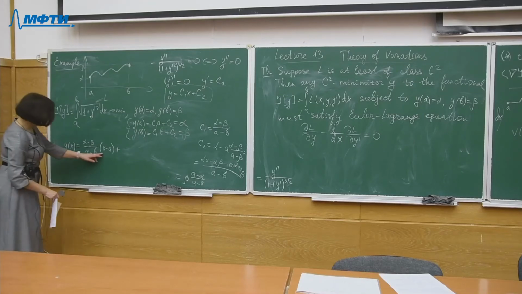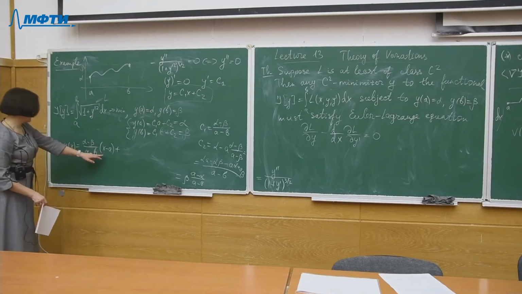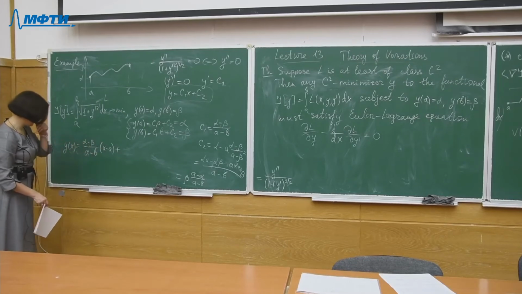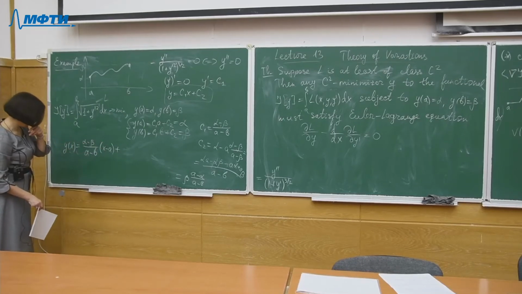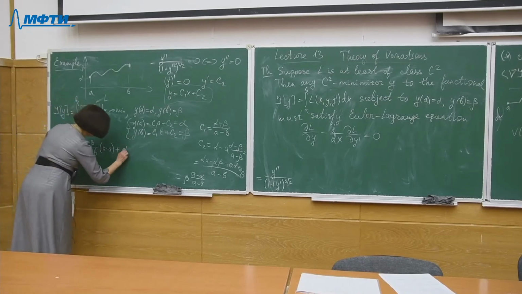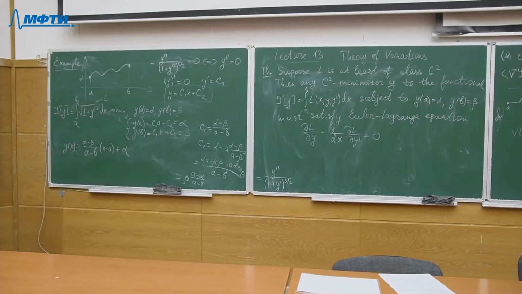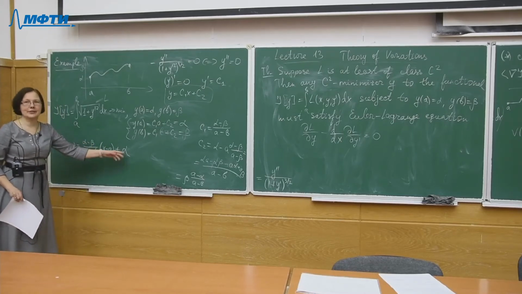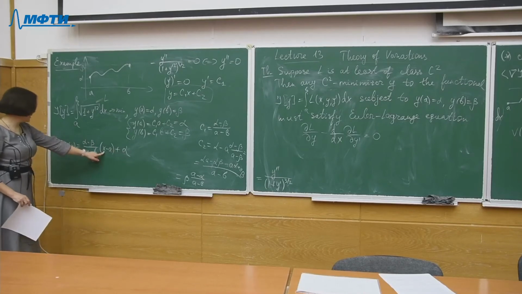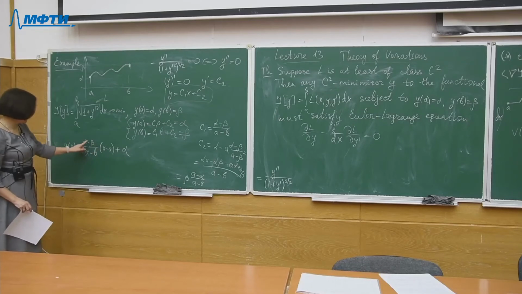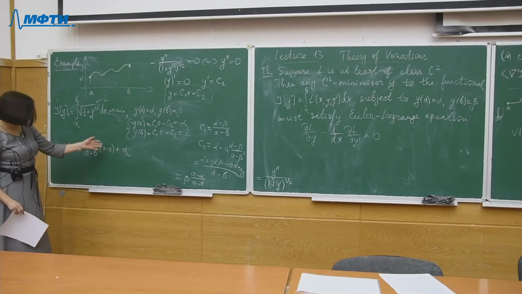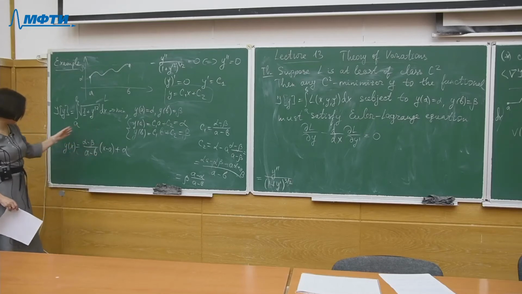If x equals a, then this is 0, and it must be alpha, so plus alpha. If we substitute b for x, we will get alpha minus beta multiplied by minus 1, so we will get beta. So this is our function.